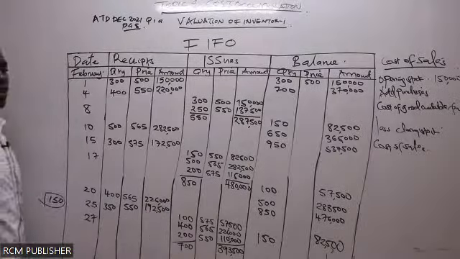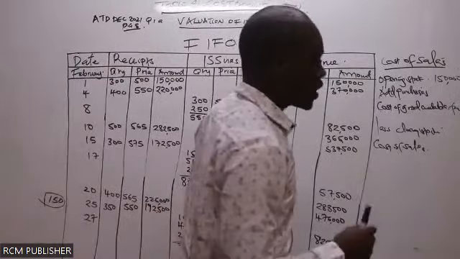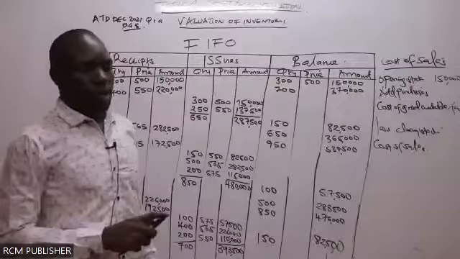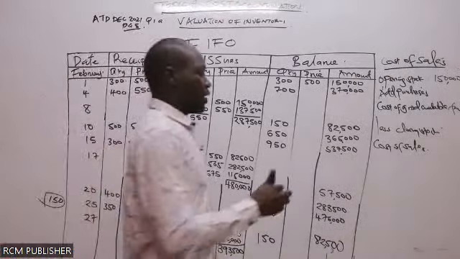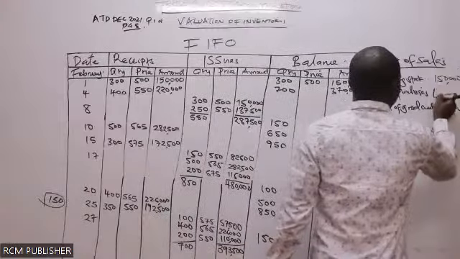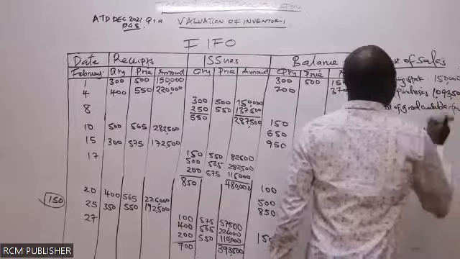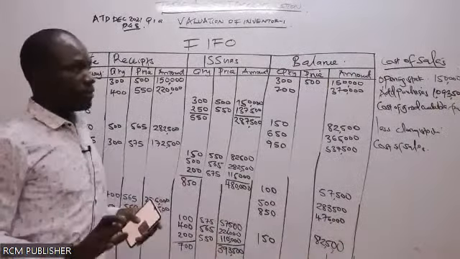If we add all that, what are we getting? 1,093,500. So I'm being told that purchases is 1,093,500. That is the value of purchases.